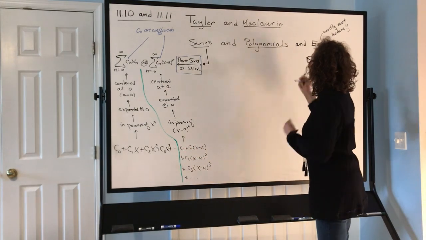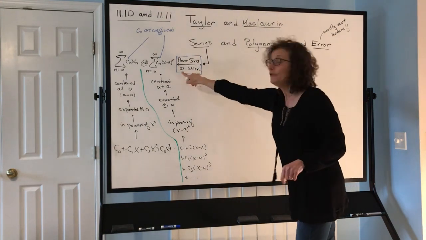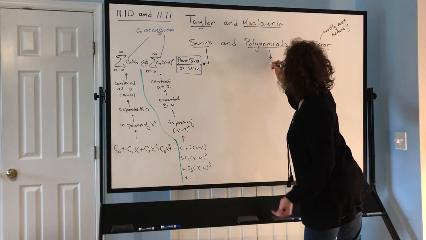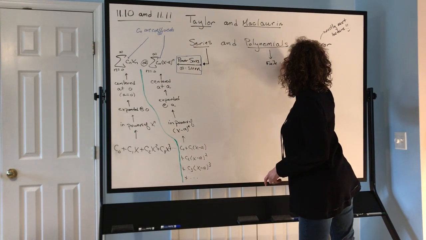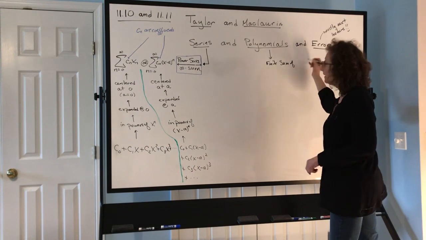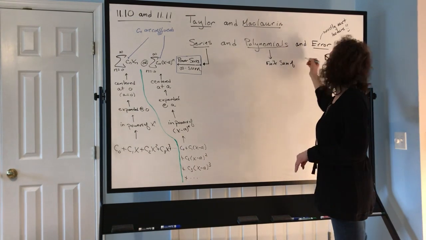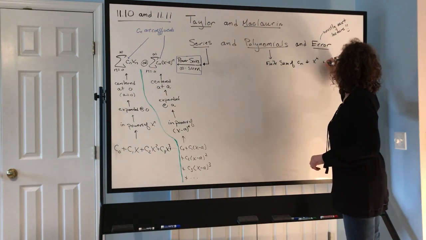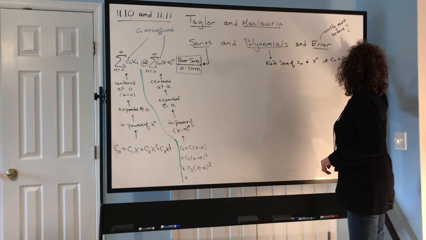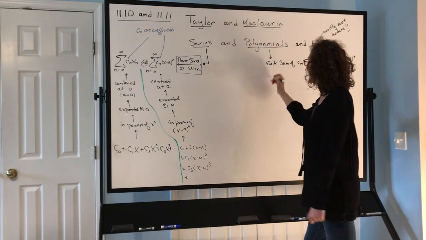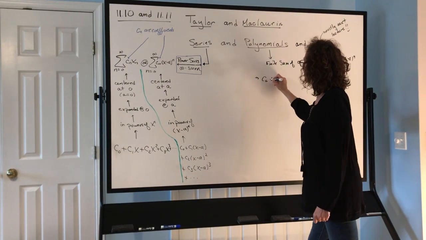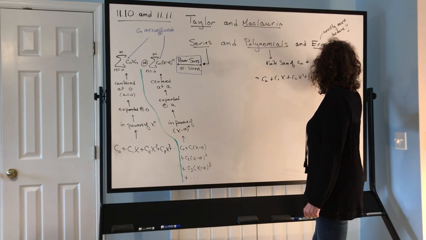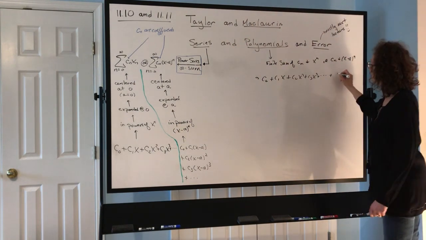So a polynomial is not an infinite sum of power functions, but a finite sum of our power functions, of our constants times power functions, of our c_n's and x to the n's, or our c_n's and x minus a to the n's. So what would we do? We would have c0 plus c1x plus c2x squared, plus c3x cubed, and then we'd stop somewhere.